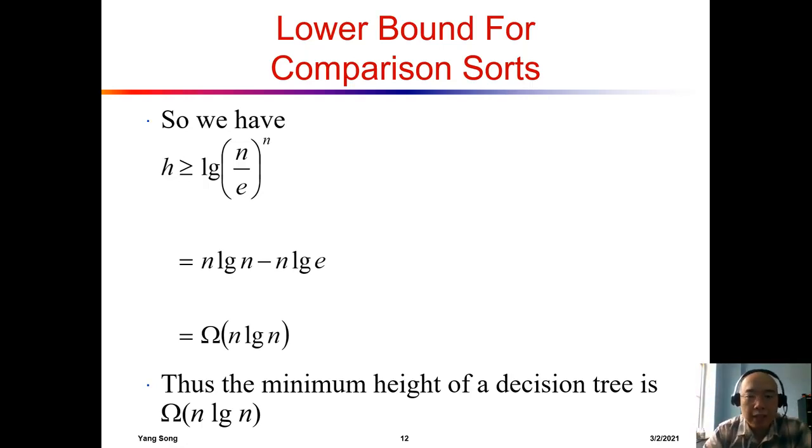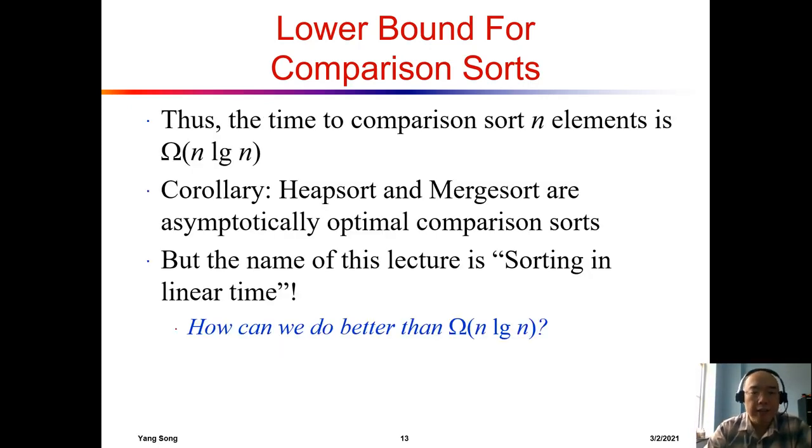And that is simply the time complexity. So this means the time complexity of a comparison sorting algorithm is omega n log n. Okay, so we have proven that as long as we are doing a comparison sorting algorithm, the lower bound we can have will be n log n in this case.